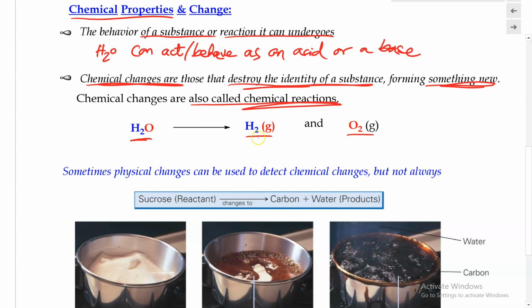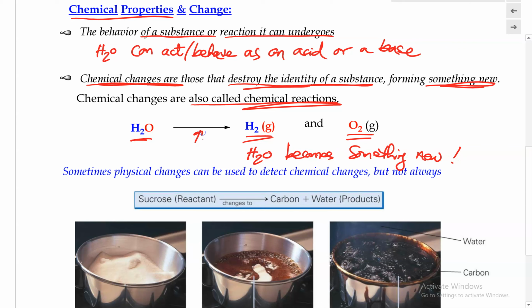Because now water becomes hydrogen and oxygen. So it becomes something new, or new substances. So therefore, it is a chemical change.